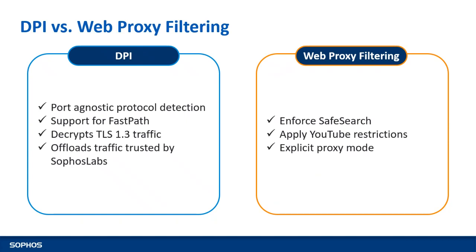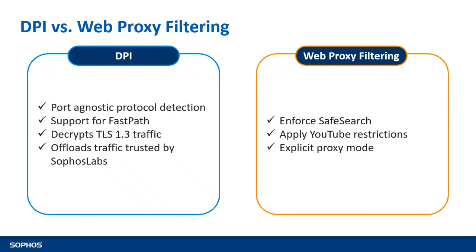DPI implements proxyless filtering handled by the ESP, or the Intrusion Prevention System engine. It provides port agnostic protocol detection and supports the partial or full offload of traffic flows to the network fastpath. It can decrypt and scan TLS 1.3 traffic and offload the traffic trusted by the Sophos lab.